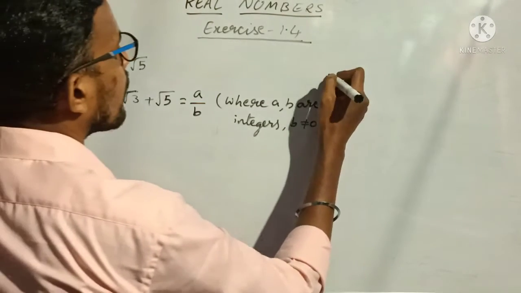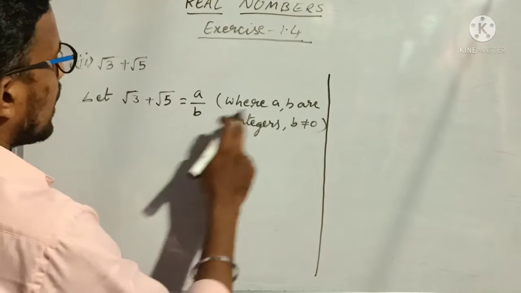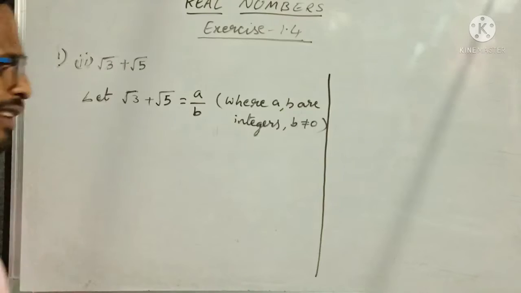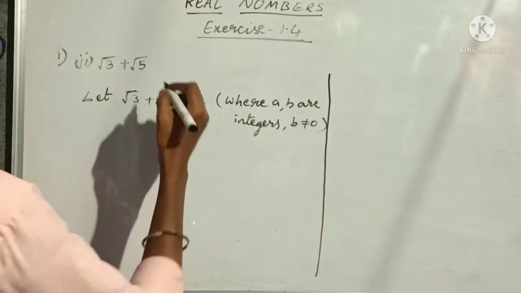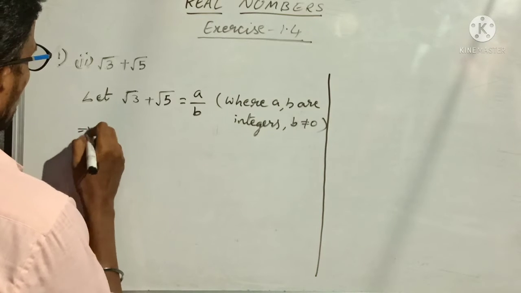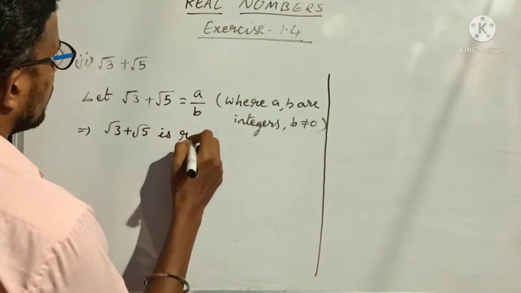Okay, so this is the formula for a rational number, that is a by b, where a, b are integers, b not equal to 0. So this implies root 3 plus root 5 is rational.